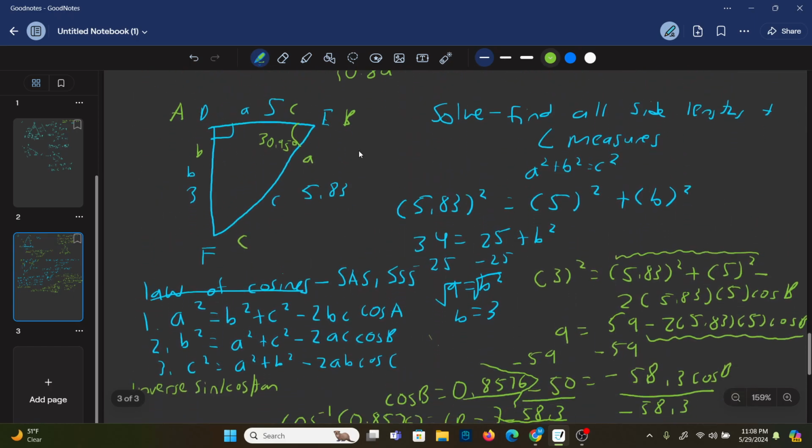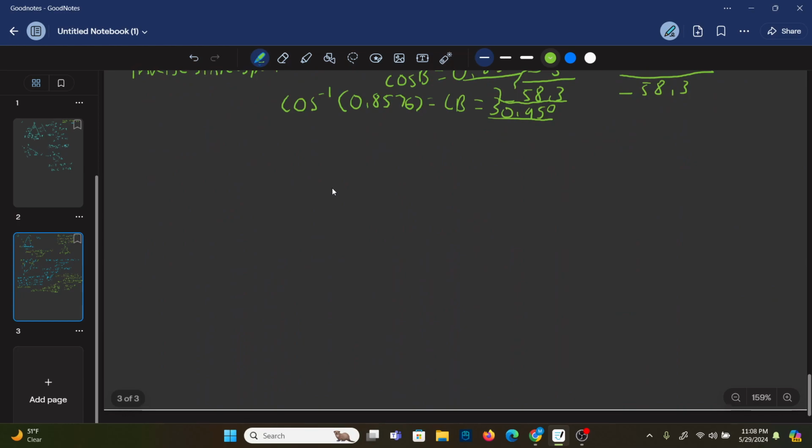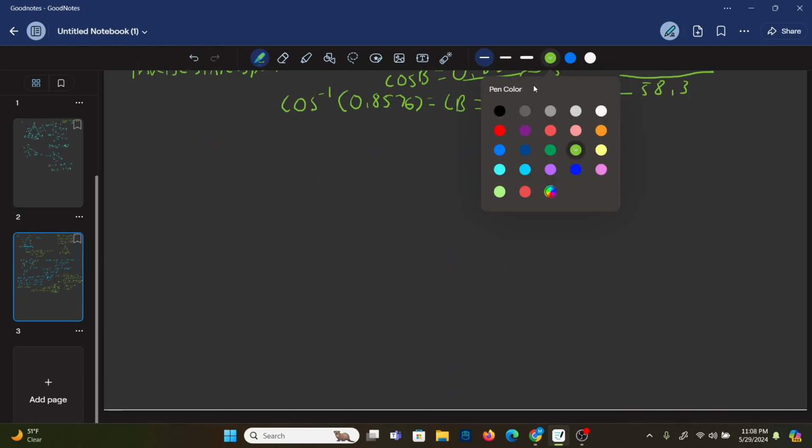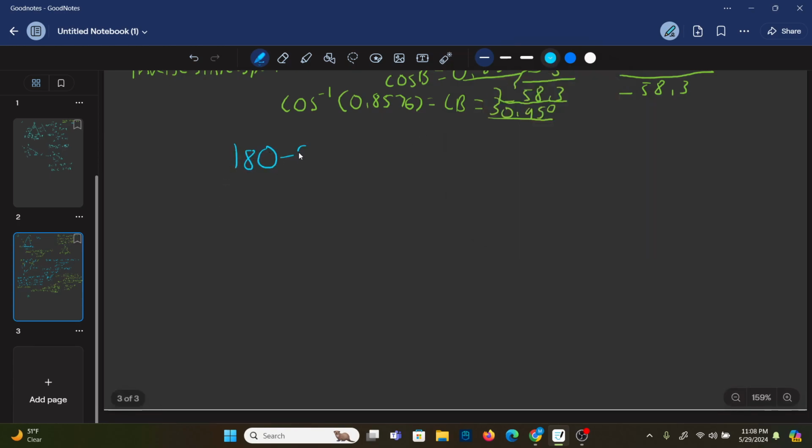So now that we have two angles, we can do 180 minus the 90 degrees minus this one we just found, 30.95, equals 59.05 degrees.